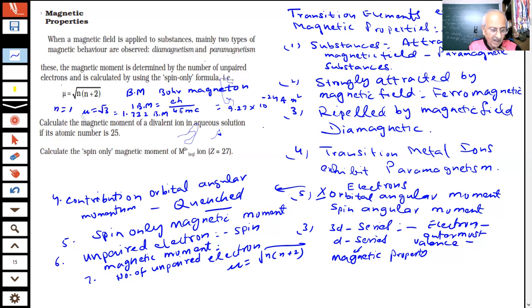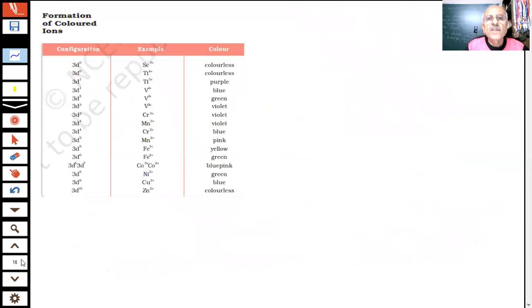Now questions are going to be there, students. For example, supposing I say find the magnetic moment for Ti3+.